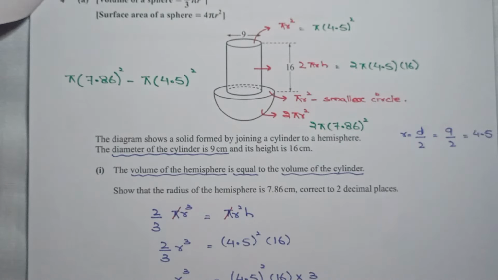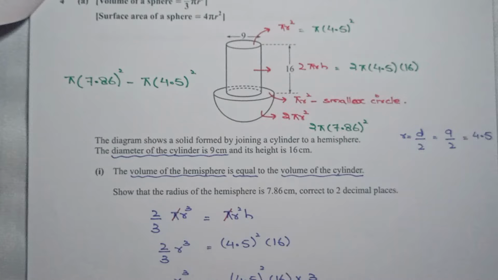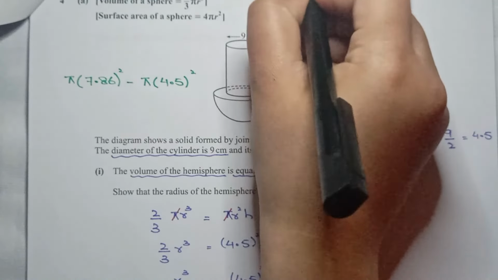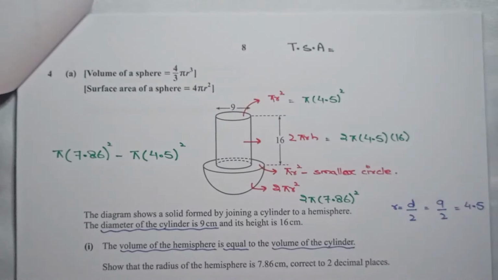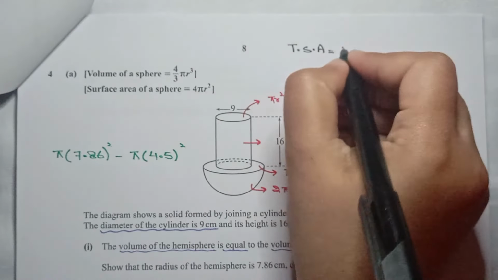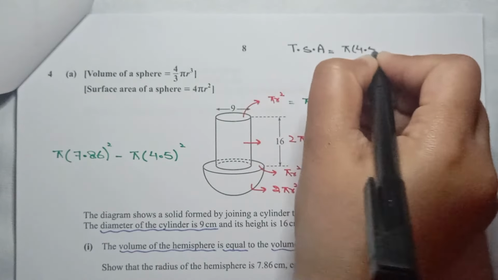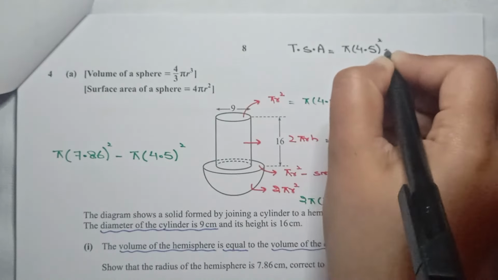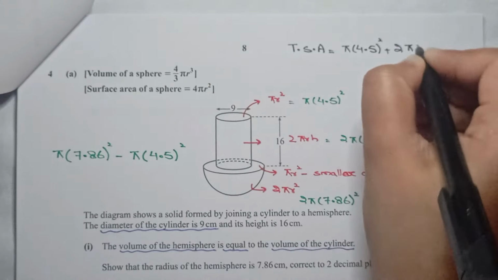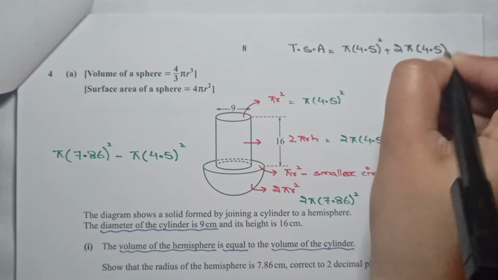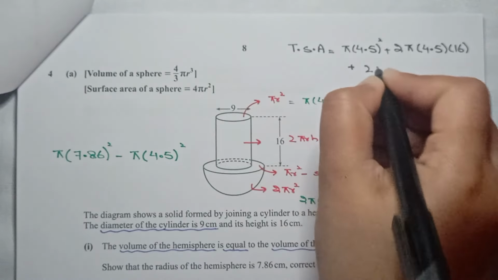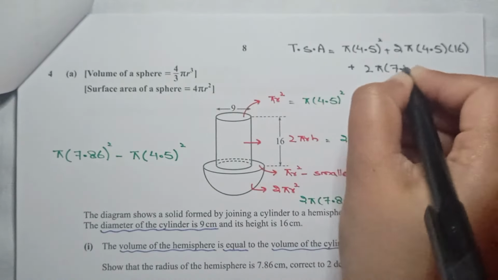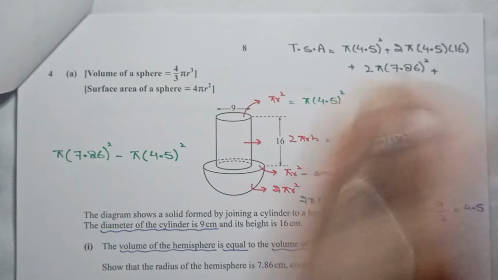So let me do it. The total surface area would be pi times 4.5 squared, plus 2 pi times 4.5 times 16, plus 2 pi times 7.86 squared, plus this one.